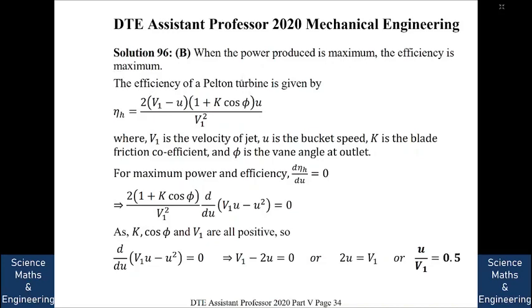Now the efficiency of a Pelton wheel is given by this equation. Now for maximum power, d(efficiency)/du should be equal to 0. So this is the bucket speed. So from here we get that V1 minus 2u would be equal to 0, or u by V1 would be 0.5. So the answer is 0.5.